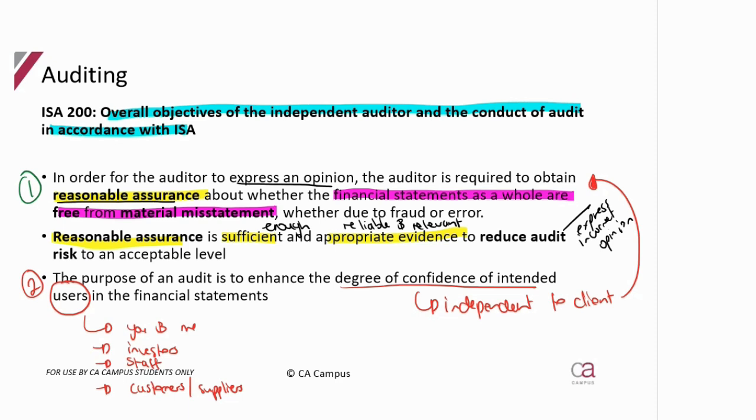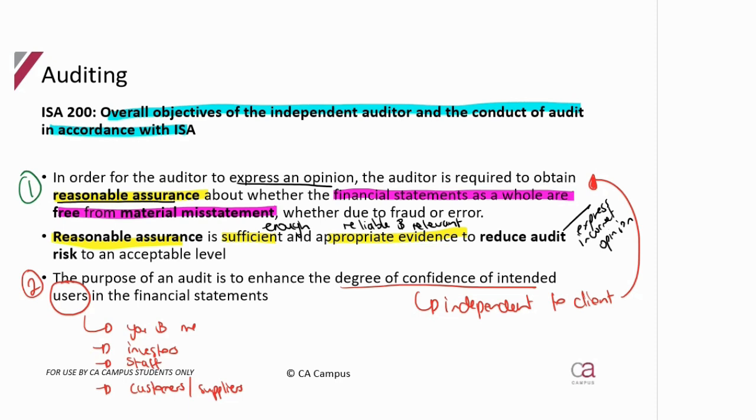So that is why there is such a job for auditors, because we come in as independents, we look at all the financials and everything that's in there, and we test it and get enough good evidence to say, yes, you can rely on these, no, you can't. What are you testing them against?